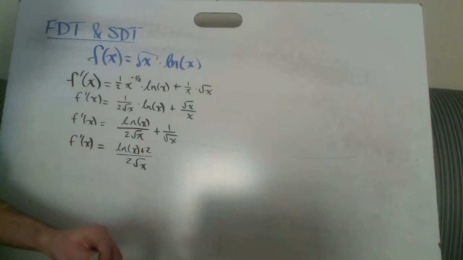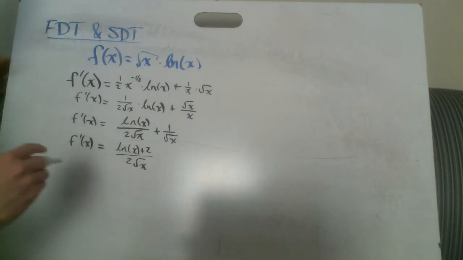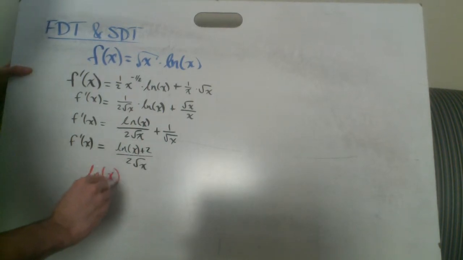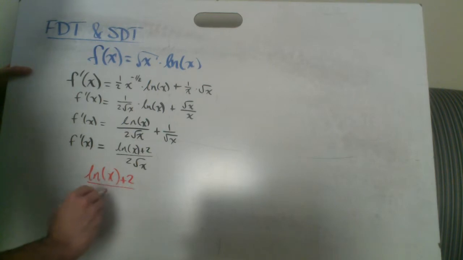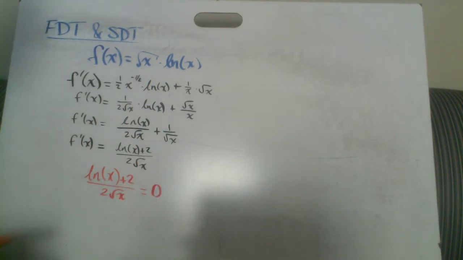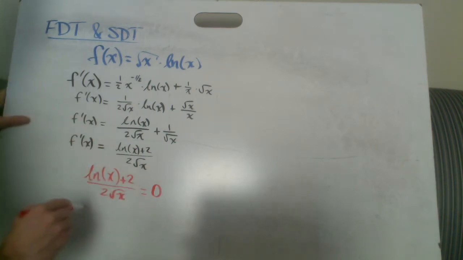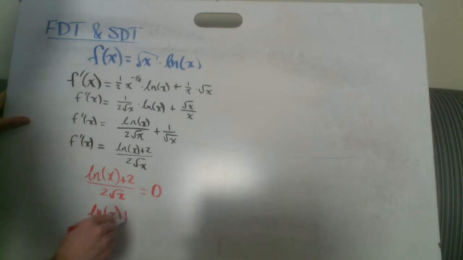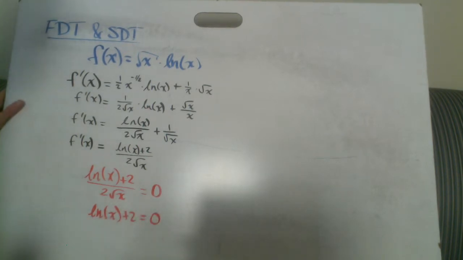So let's do that. Let's say (ln x plus 2) over (2 root x) is equal to 0. Well, if this is equal to 0, I can multiply both sides by 2 root x, which cancels out the denominator, and I get natural log x plus 2 is equal to 0. Okay, and that's not so bad.